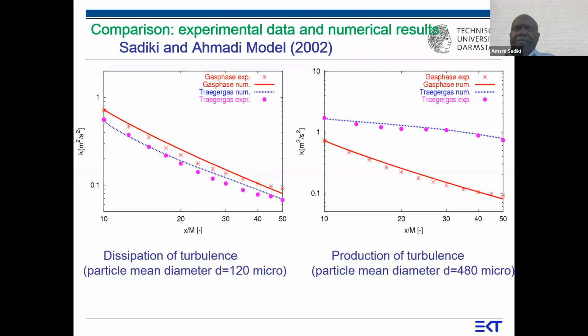Now we use this model, which is thermodynamically consistent, meaning that it accounts very well for the irreversibility processes within the system. So in this case, for small particles, you obtain the correct behavior of attenuation of the turbulent kinetic energy. And for large particles, you obtain also a correct augmentation due to big particles.